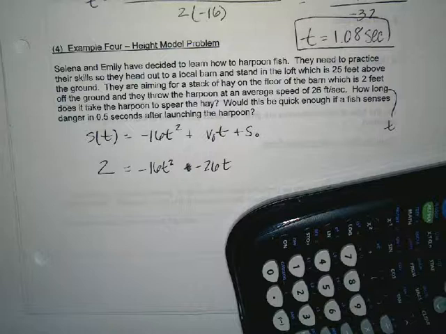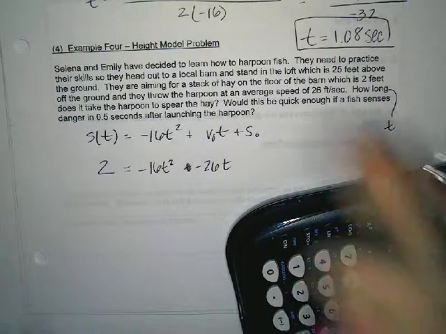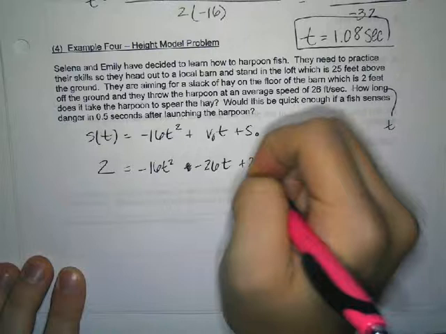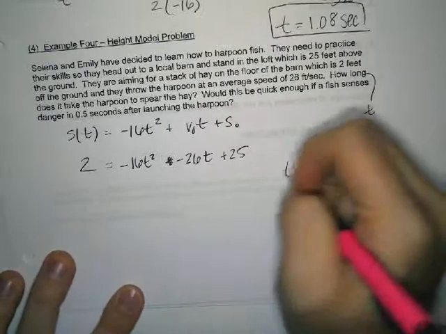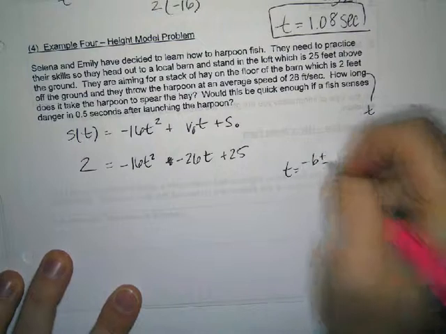And then my initial height. How high are they up off the ground when they throw this harpoon? 25 feet. So my initial height is going to be 25. Okay, so that's my setup. I'm going to use the quadratic formula here, so I'm going to write it down again.